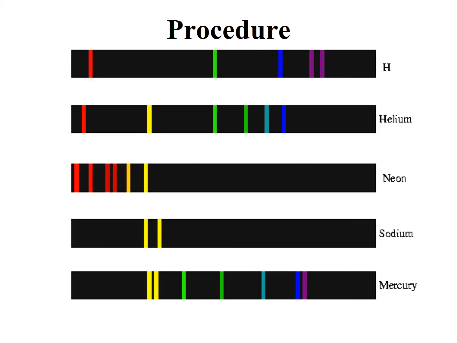This is the line spectra that you're going to observe when you use the spectroscope. As a guide, this is the longer wavelength, and this portion is the shorter wavelength. The most important one you will observe is hydrogen.